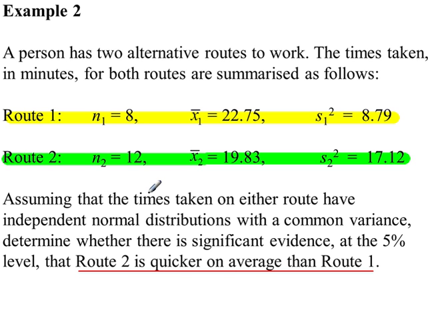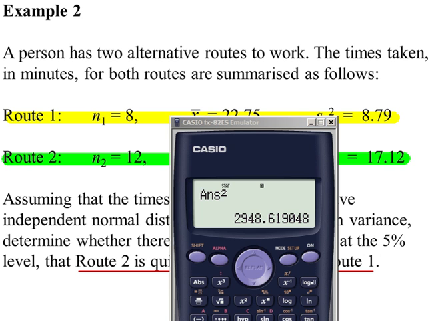We're assuming that the times come from independent normal distributions with a common variance, so those conditions are met. It's a 5% significance level, and we're testing to see if route 2 is quicker on average than route 1. So a one-tail test.